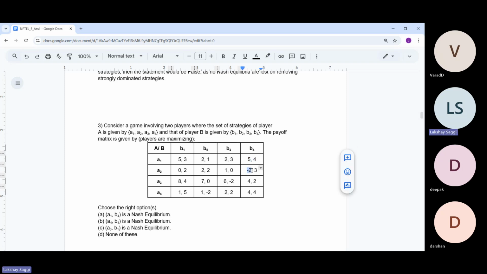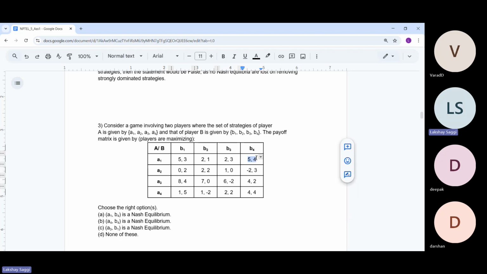So the row player has no incentive to switch to A2. Similarly, on switching from A1 to A3, again the row player's payoff reduces by 1. So again, the row player has no incentive to switch to A3. Similarly, the row player has no incentive to switch to A4 from A1 because the payoff reduces from 5 to 4. So the row player has no real incentive to switch.